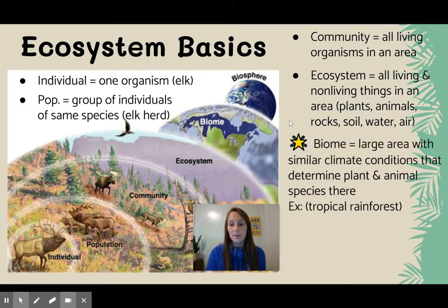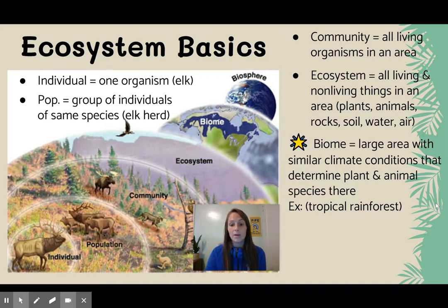Now the next step up is a biome. And the reason that this has this star right here is because it's an important part. Biomes are something that you're going to learn more in depth with notes 1.2 and 1.3, so more on that to come. But a biome is a large area with similar climate conditions that determine plant and animal species there. So an example would be a tropical rainforest.